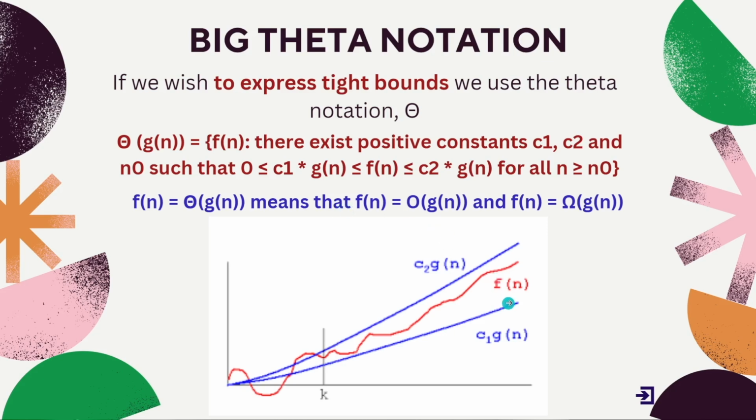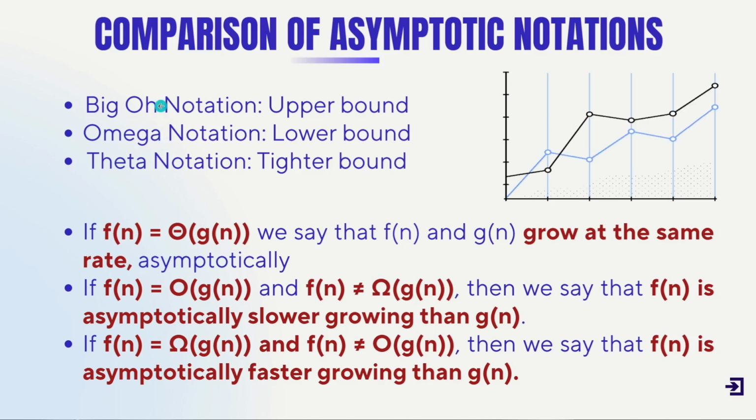So, given a function f of n, we are just defining its upper bound and the lower bound with the help of this theta notation. So, this slide shows a quick comparison of the different asymptotic notations which we learnt earlier. Big O notation is used whenever we are interested in knowing the upper bound of an algorithm.